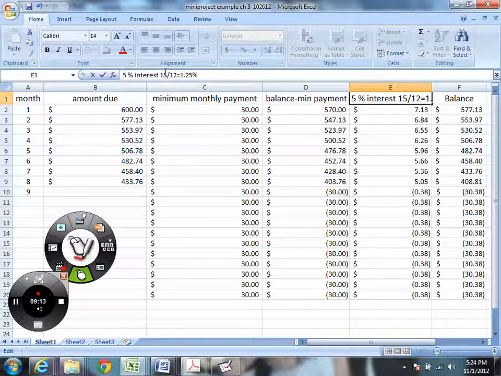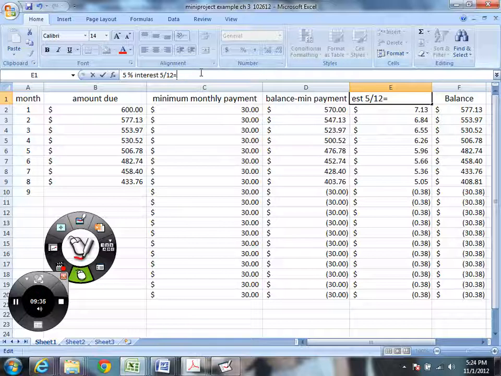So do 5%. So that would be 5 divided by 12. So let's see here. I wasn't quite ready to do this one, but 5 divided by 12. Let's see what that is. 5 divided by 12 is, I want to see what it is, a decimal.